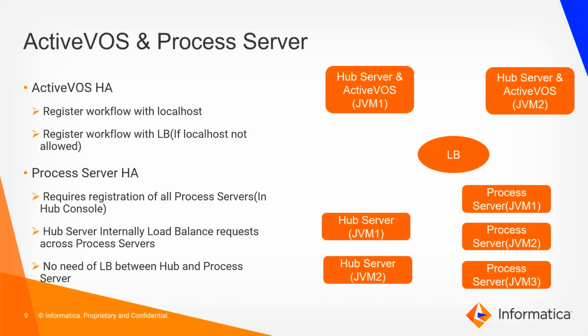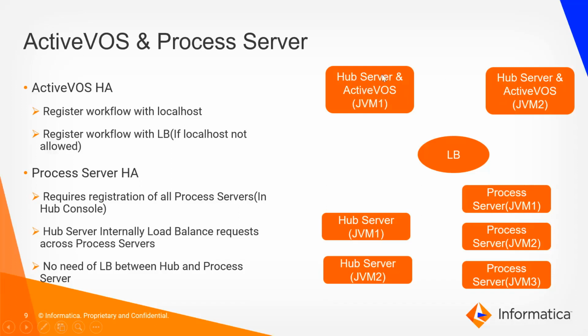So for the Activos HA, there is one thing: from the hub console, we need to register the workflow with the localhost. Why is that? Because when the hub server is installed across multiple nodes, like the hub server installed on JVM1 and also on JVM2, there will always be Activos as part of the same JVM.